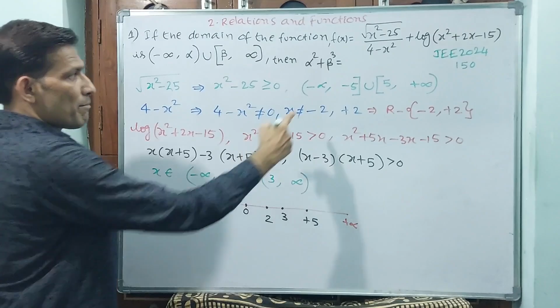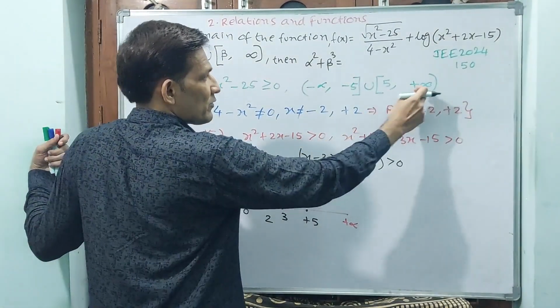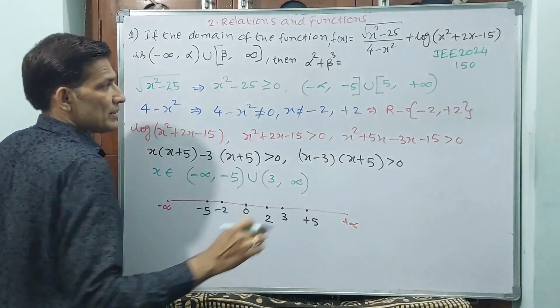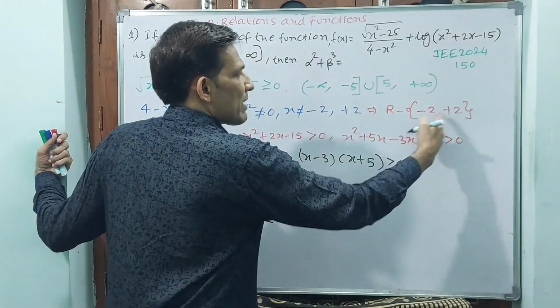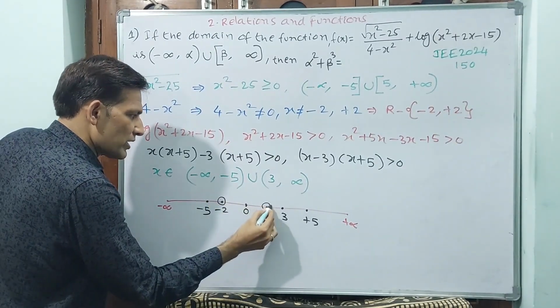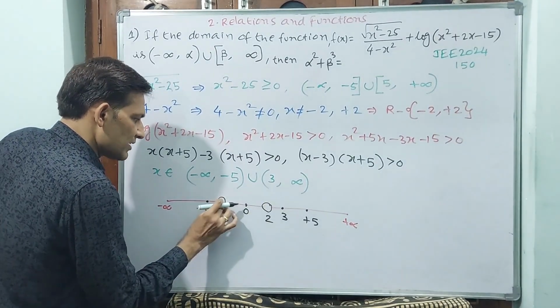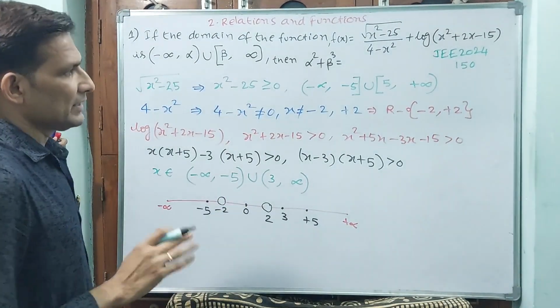Here, minus infinity to minus 5, plus 5 to plus infinity is one thing. Second, all real numbers but minus 2 and plus 2 you should not include, so I put open bubbles like this. That means these should not be given.